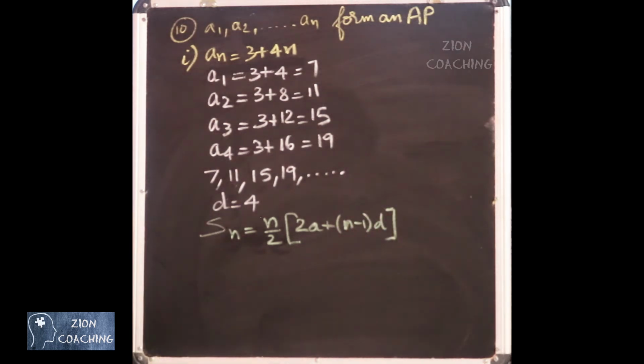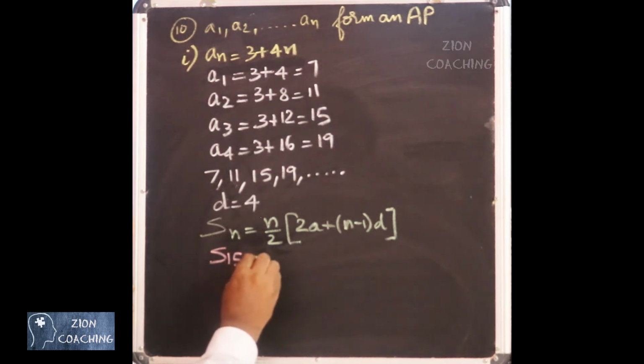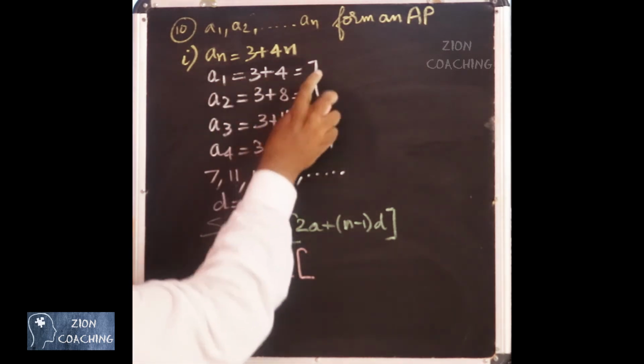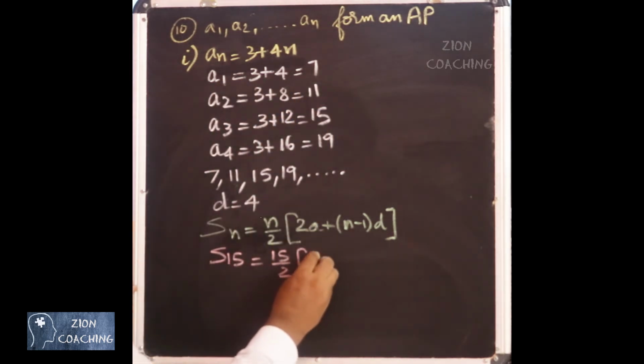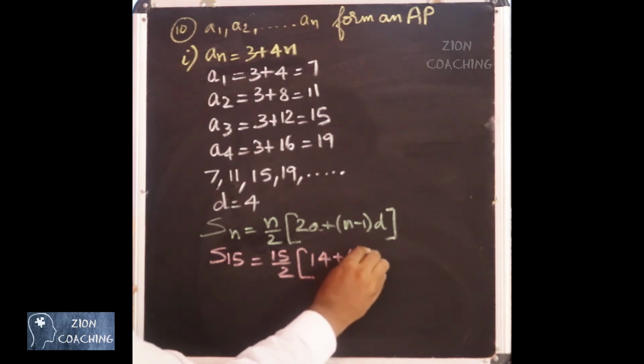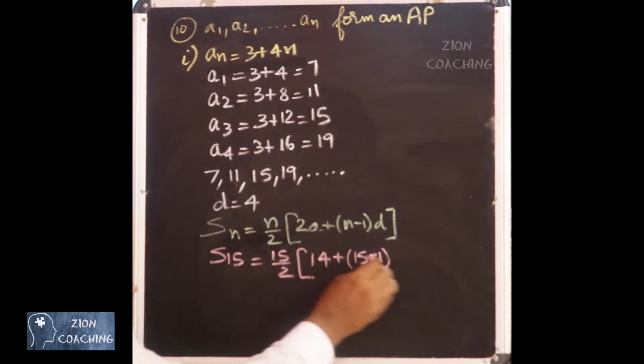So we are going to find sum up to 15 terms. It is going to be 15 by 2 into your a value, which is the first term. A value is 7. So 2 into 7 is going to be 14 plus 15 minus 1 into your d value, which is 4.